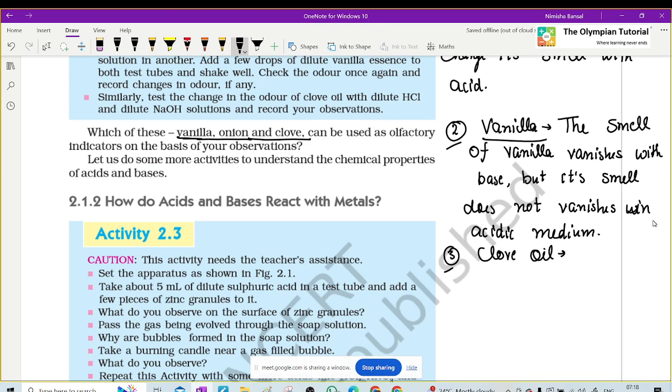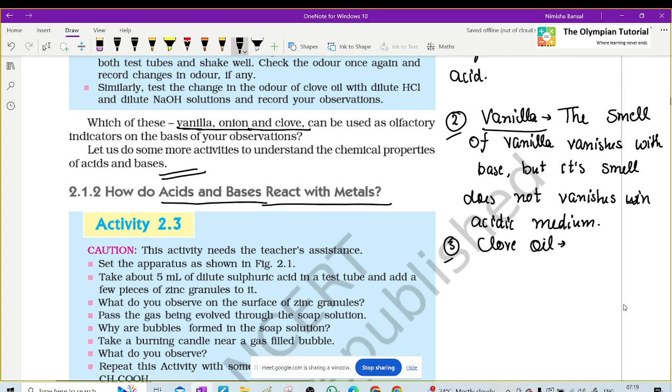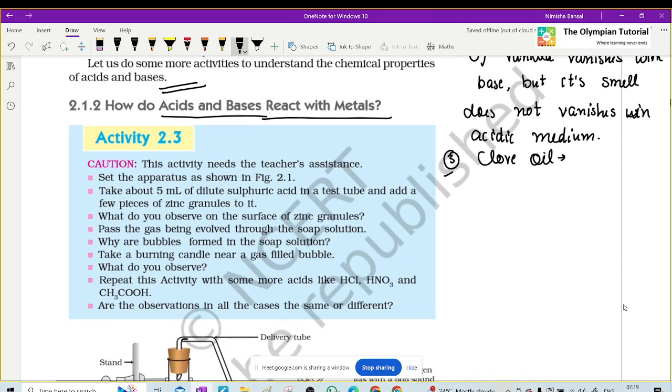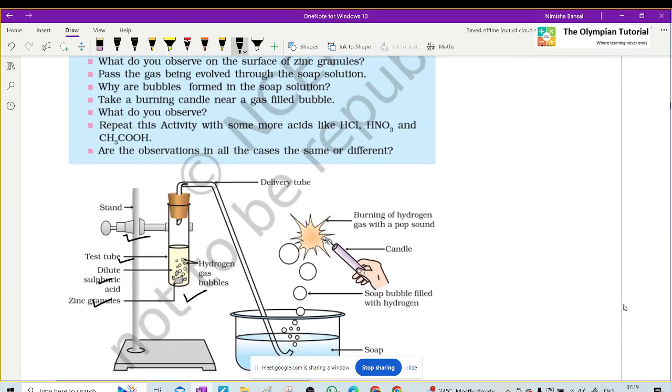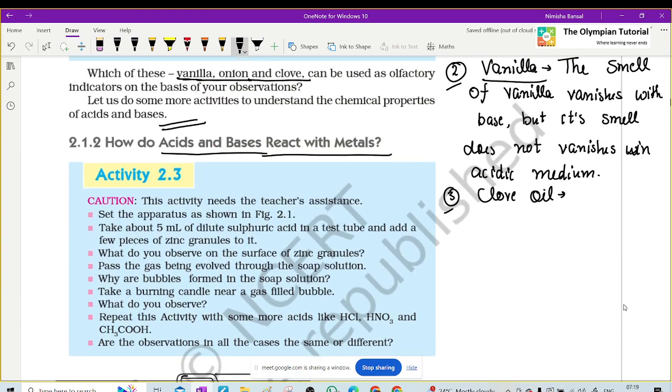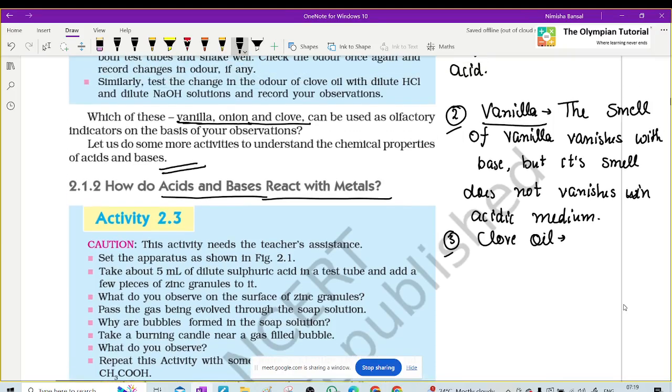Okay. So till now we have done about acids, bases and indicators. Now next topic, how do acids and bases react with metals? Ma'am, this part I wasn't clear with what they taught in class.